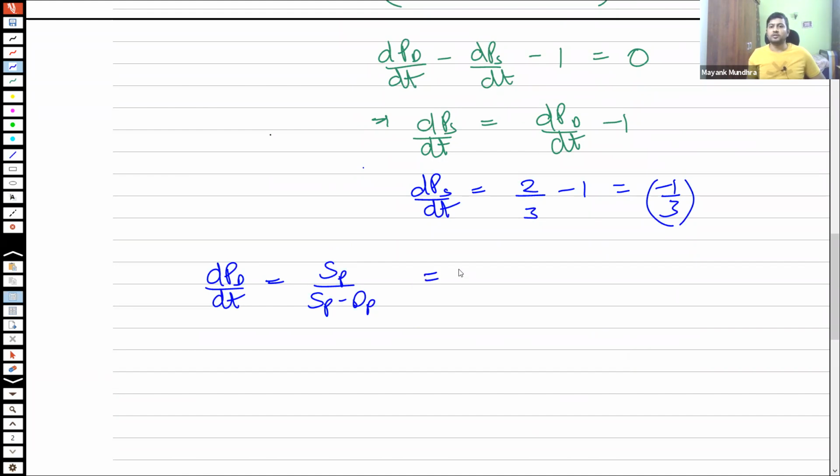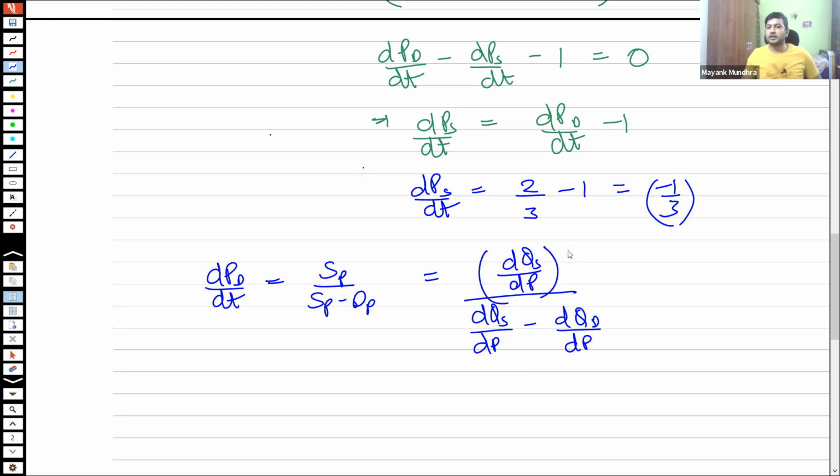Okay. So SP is basically d quantity supplied by dP upon d quantity supplied by dP minus d quantity demanded by dP.